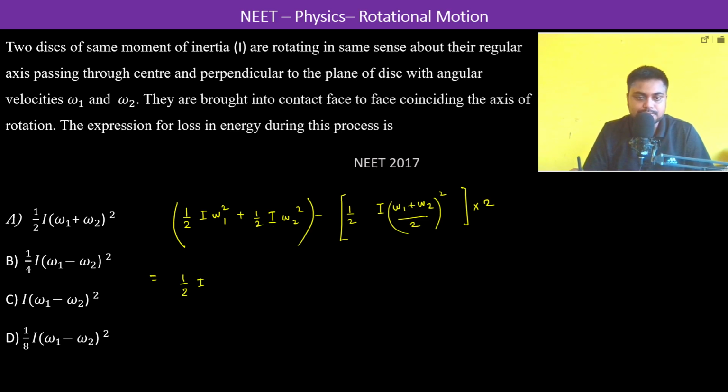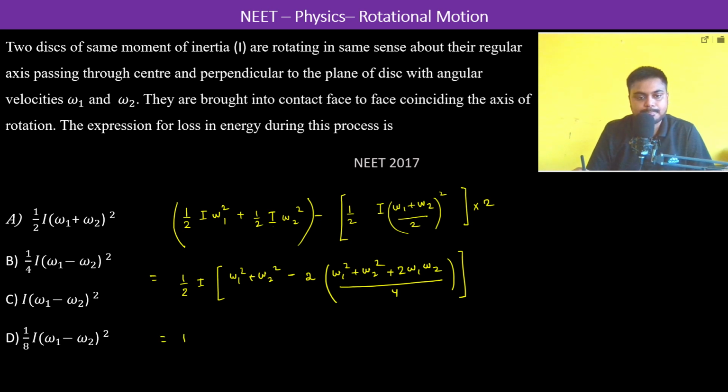So it becomes half I, omega 1 square plus omega 2 square minus 2 times omega 1 square plus omega 2 square plus 2 omega 1 omega 2 divided by 4.